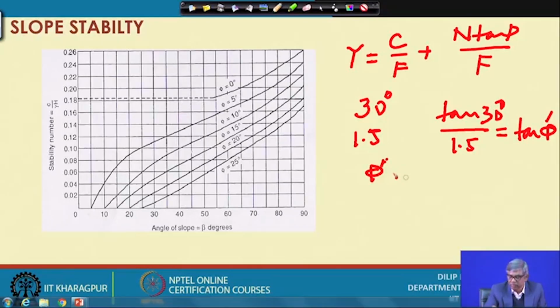I then look at the table corresponding to this phi dash and the given slope angle, and finally find the stability number. From the stability number C over gamma h, if the value is suppose x, then from there I will get a value of C.